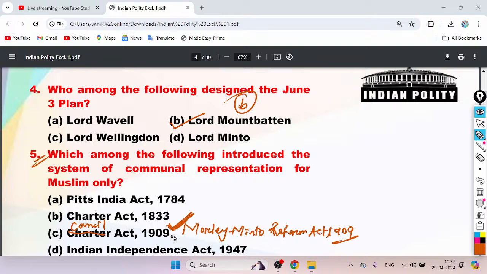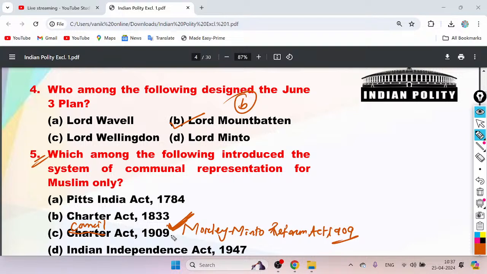Later, it led to separate electorate for different communities like Sikhs, Indian Christians, Europeans, and Anglo-Indians under Government of India Act 1919, and to depressed classes, women and laborers under Government of India Act 1935. So three acts are related to communal electorate system. Number 1, the Council Act 1909.